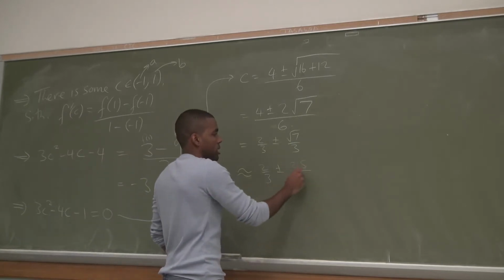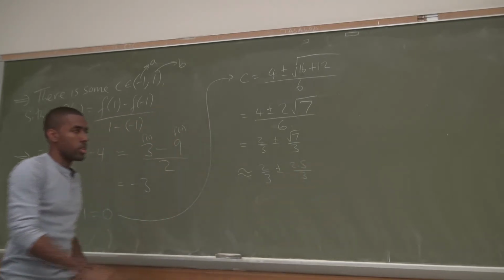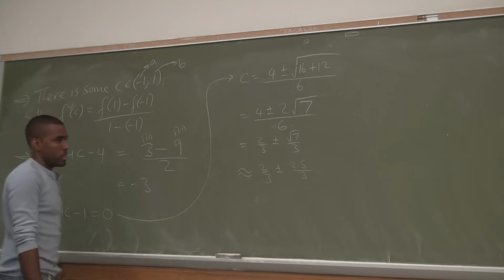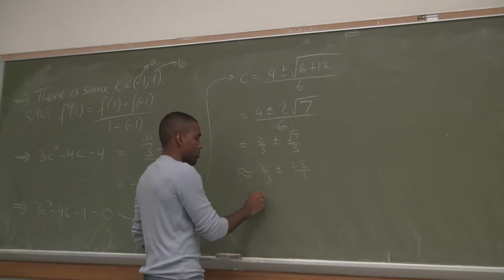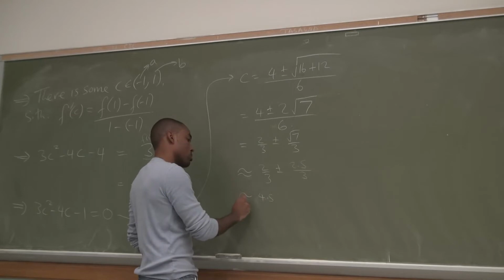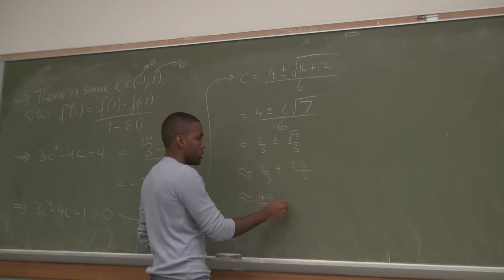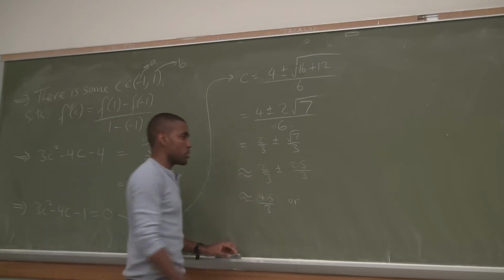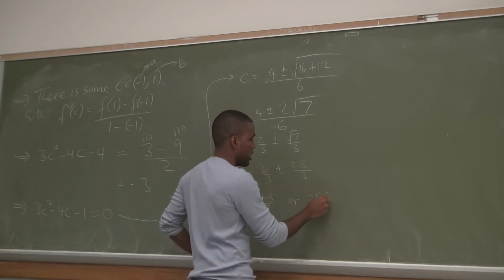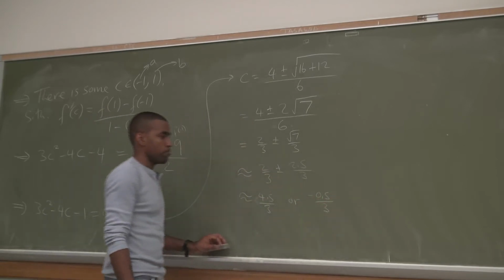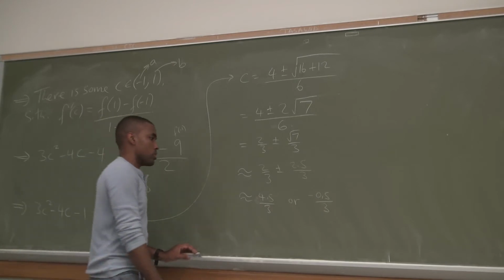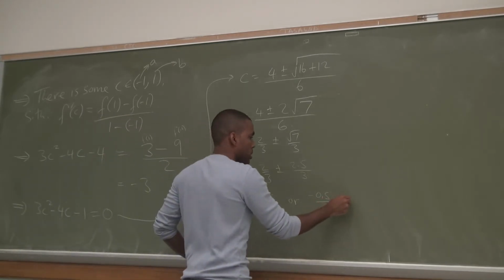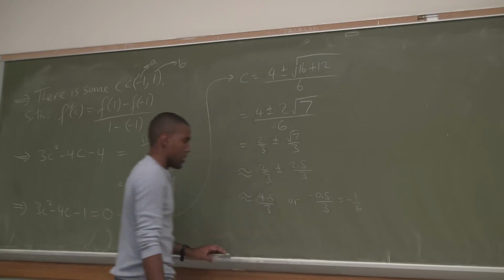It's 2.64, you can even estimate 2.5 or something like that. So what would this give you? It would either be 4.5, and I'm approximating here, over 3, or if I take the subtraction, that would be minus 0.5 over 3. So this would be roughly minus 1/6.